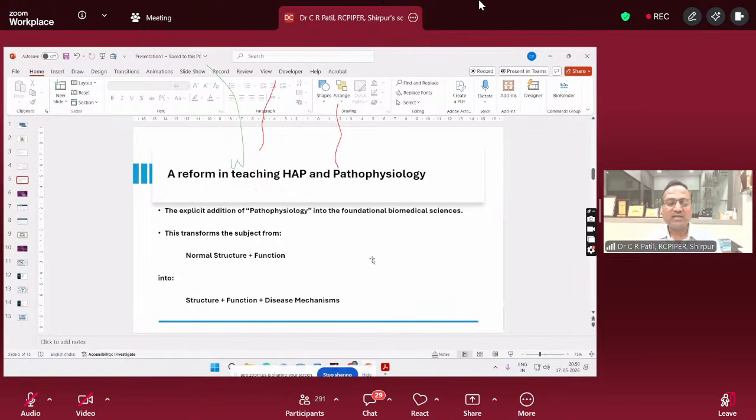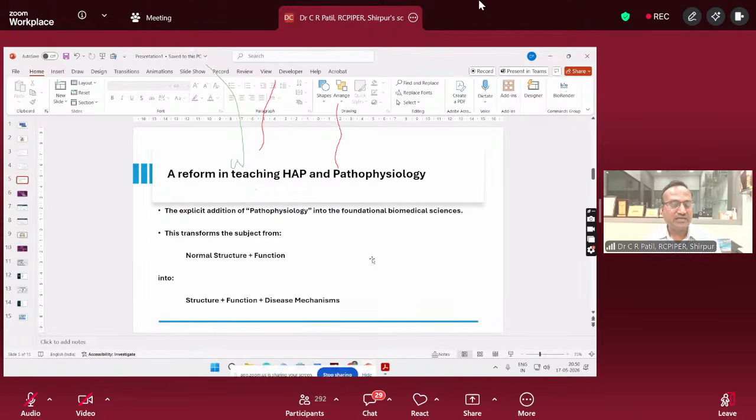There is just a 5-10 lecture difference from the earlier workload allocated to these 3 subjects. And even now, we can do it properly if we understand the competency of the students we are teaching, and take this as an opportunity to integrate basic concepts of anatomy and physiology into the disease processes. We must take it as an opportunity now.